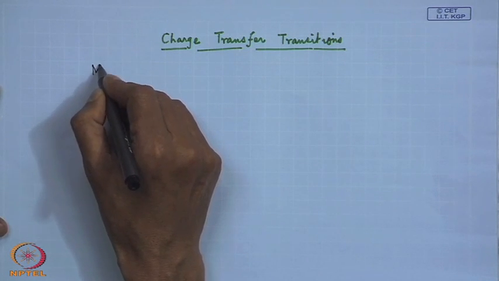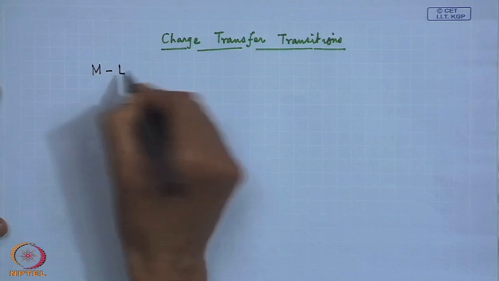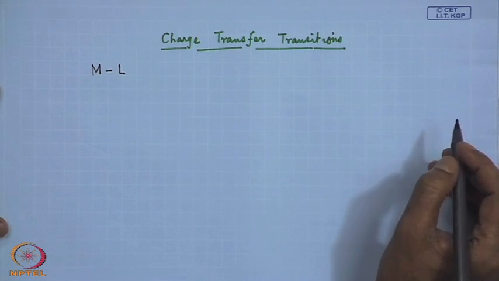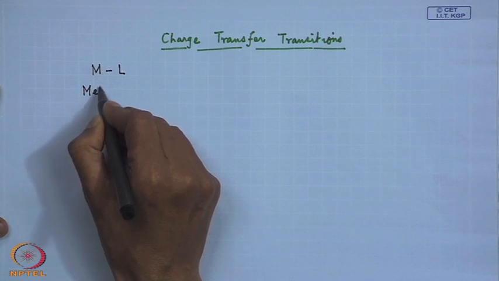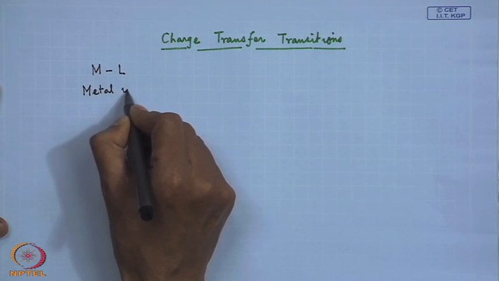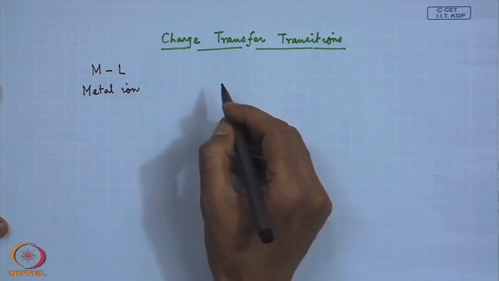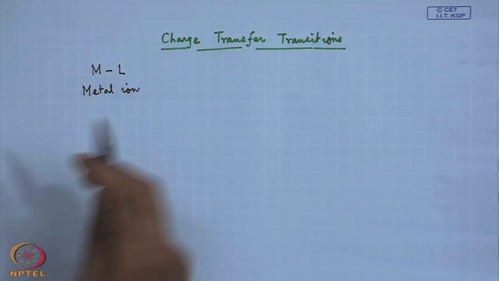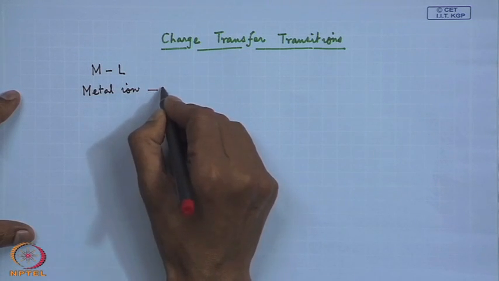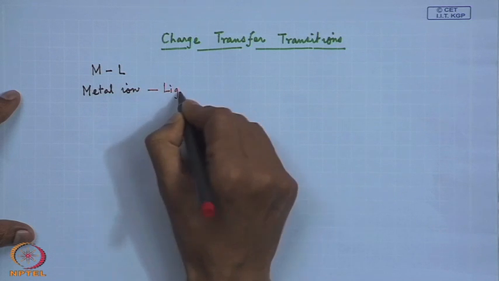So, whenever we have a metal ligand system, in most of these complexes we have the metal ion at the center and different ligands are surrounding this metal ion.